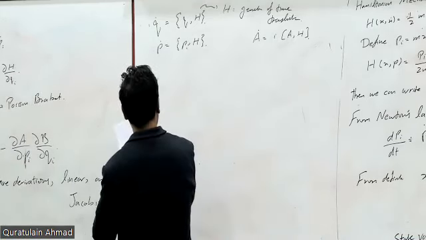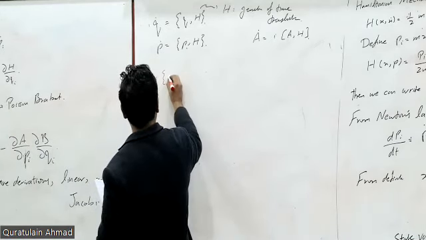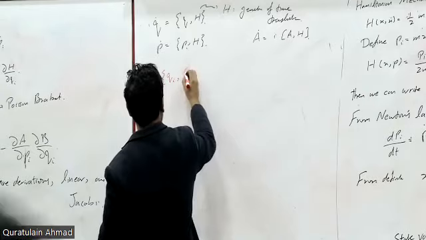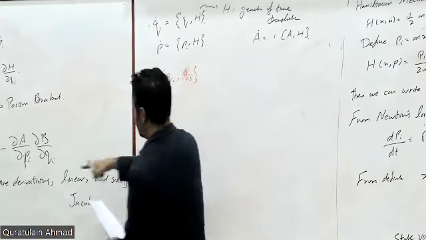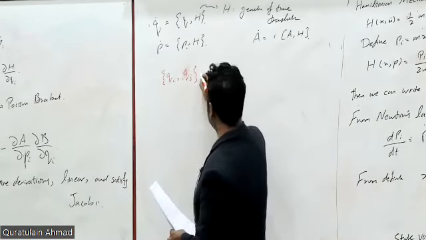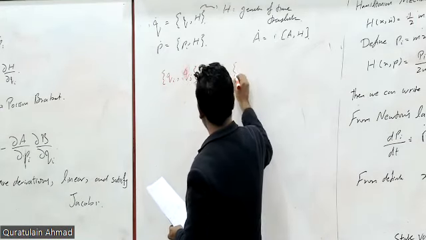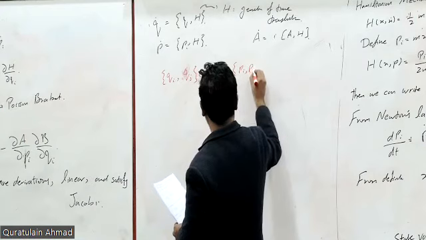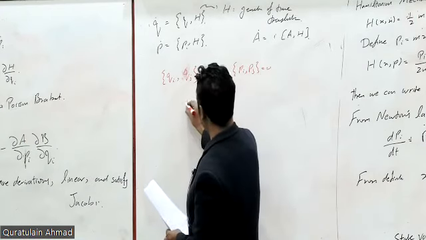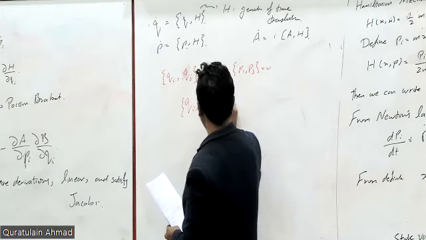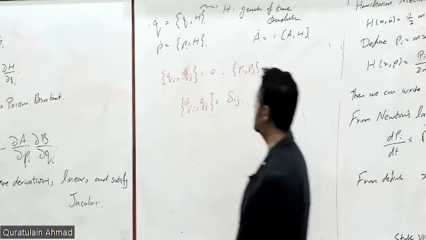So let's check one more thing. These are non-dynamical brackets, because I can compute them for any two functions. Qi, Qj is 0. You should really go and check at least these.